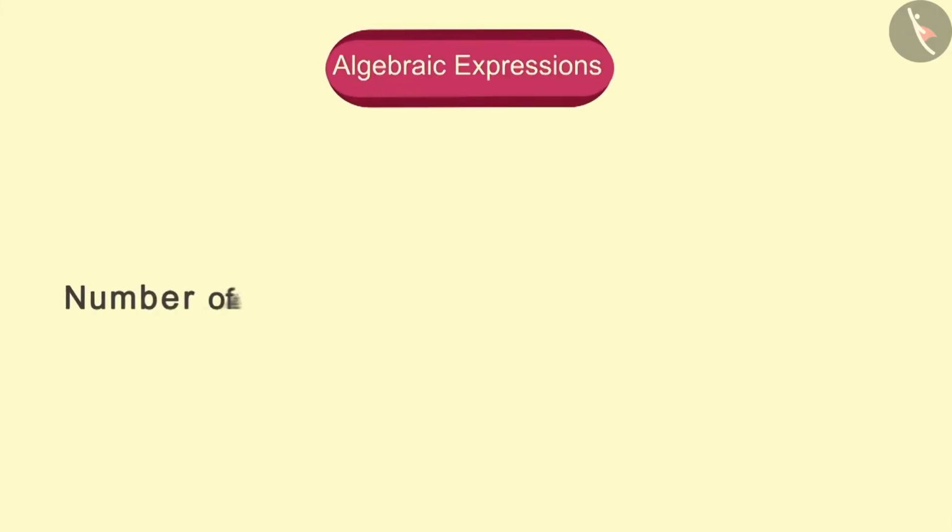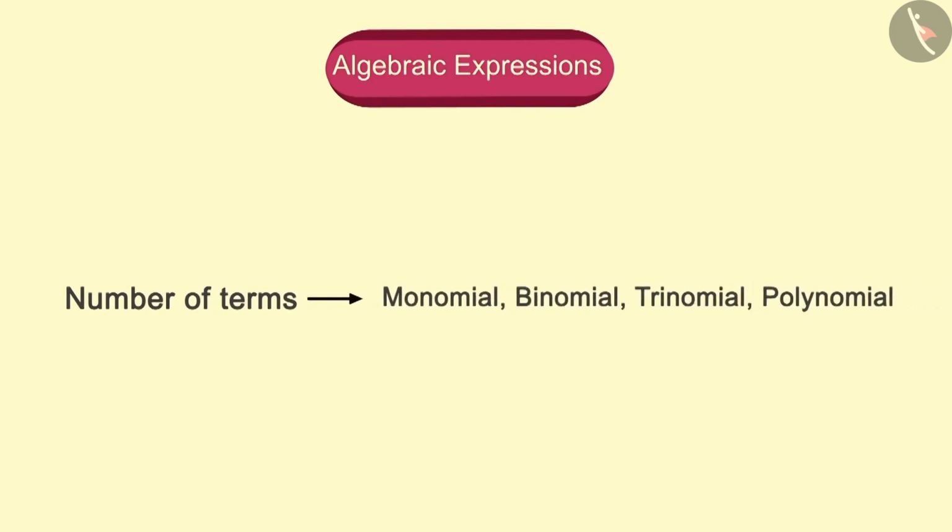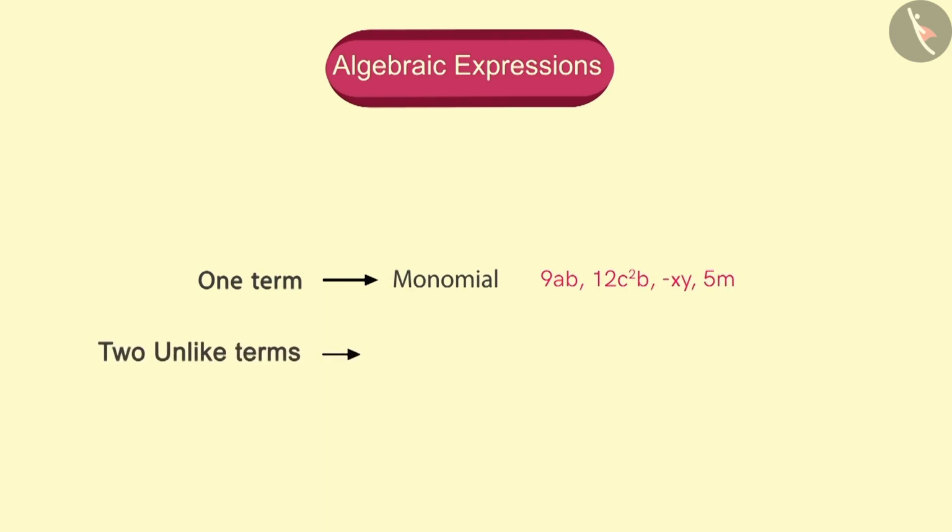On the basis of the terms present in an expression, we can classify the expressions. An expression which has only one term is called a monomial. Here are some examples of monomials. An expression which has two unlike terms is called a binomial.